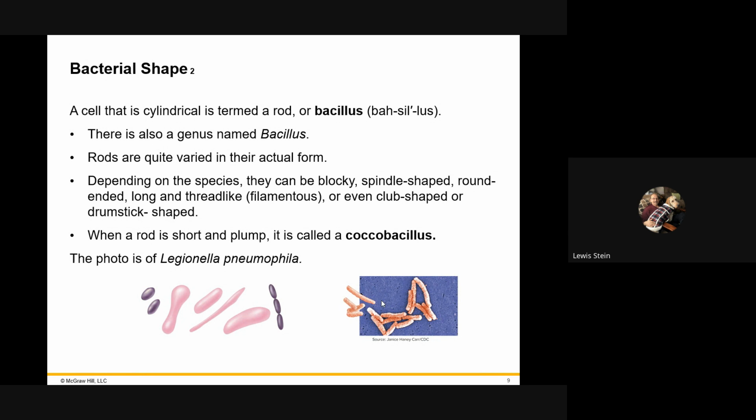It's named because of the American Legion. We first noticed it, even though it was not what they thought it was originally, at the American Legion Convention in Philadelphia at the Bicentennial in 1976, summer of 76. It happened at the old Bellevue Stratford Hotel in the Rittenhouse Square section of Philadelphia.